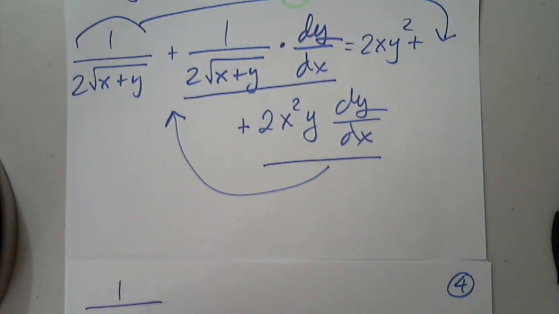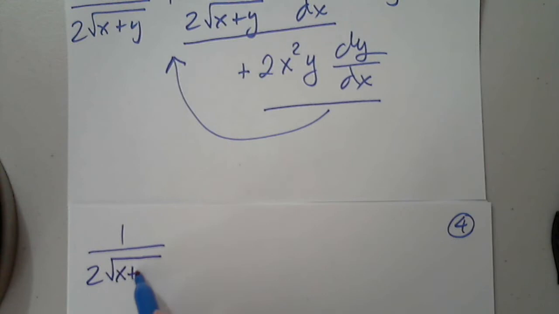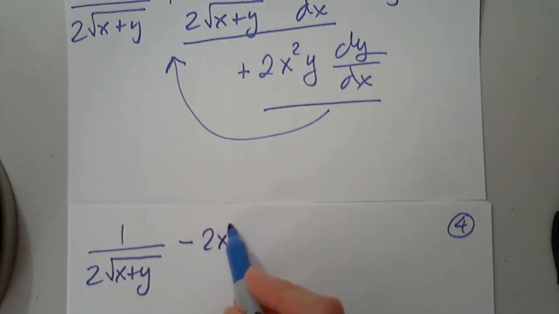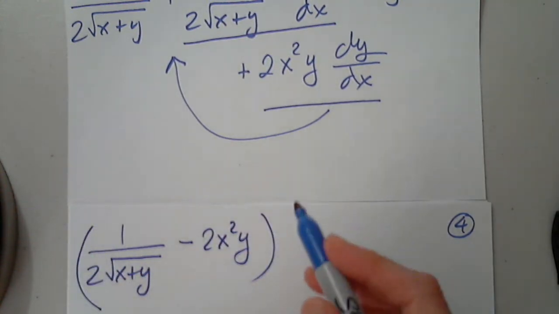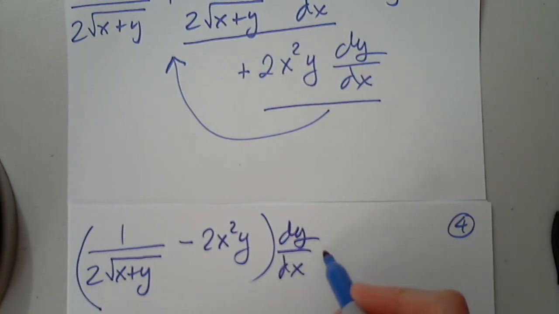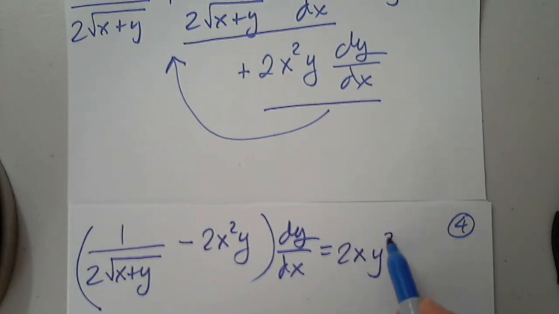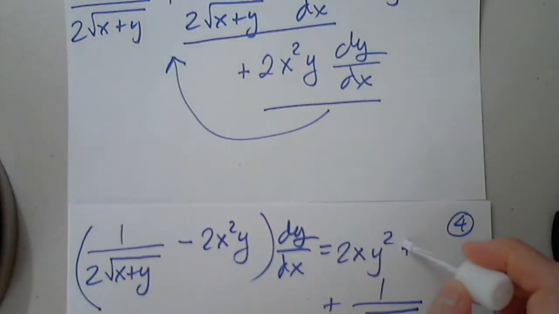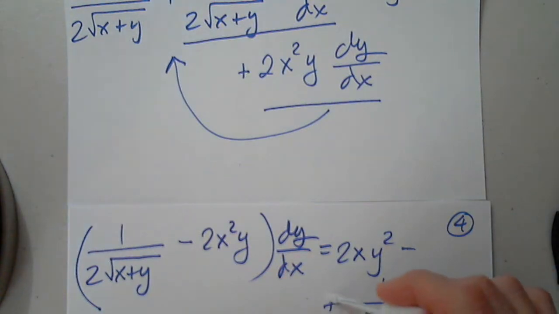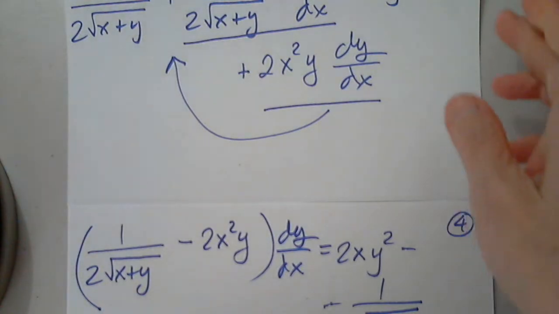So 1 over 2 the square root of x plus y minus 2x squared y times dy over dx must equal 2xy squared plus 1 over, of course it's minus, 2 the square root of x plus y. It's minus because I'm moving it to the other side.